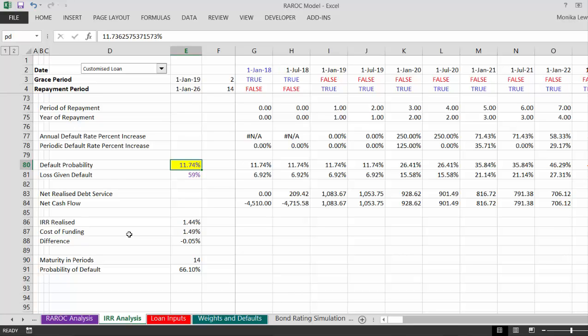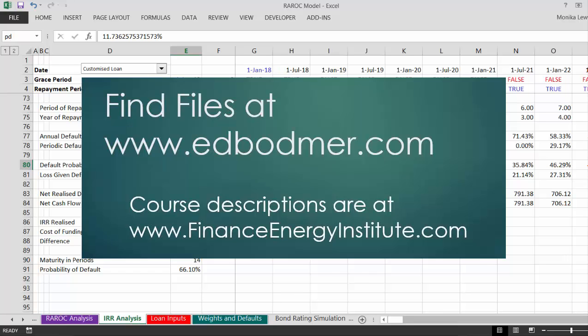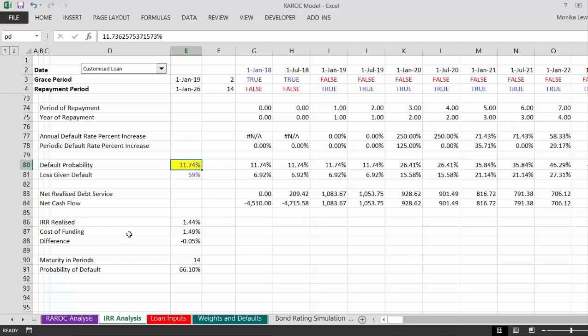I hope I wrote it down in the book. Step one is we want to set up a starting and an ending value. So we can start from a default probability of 0 and go up to, I guess, a default probability of 100%.